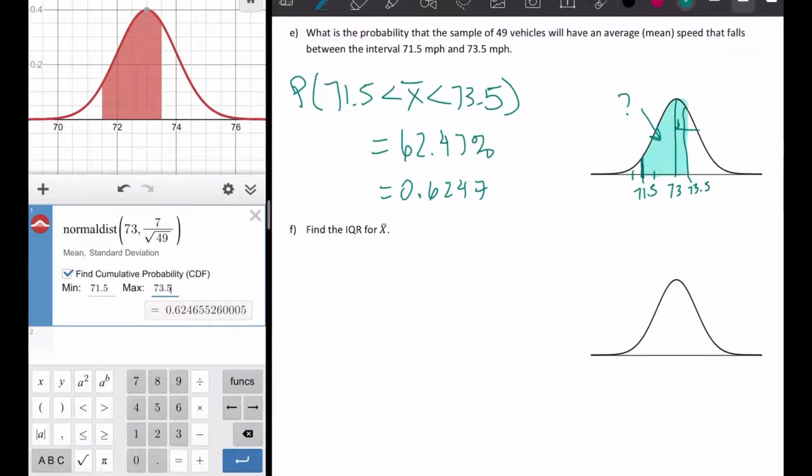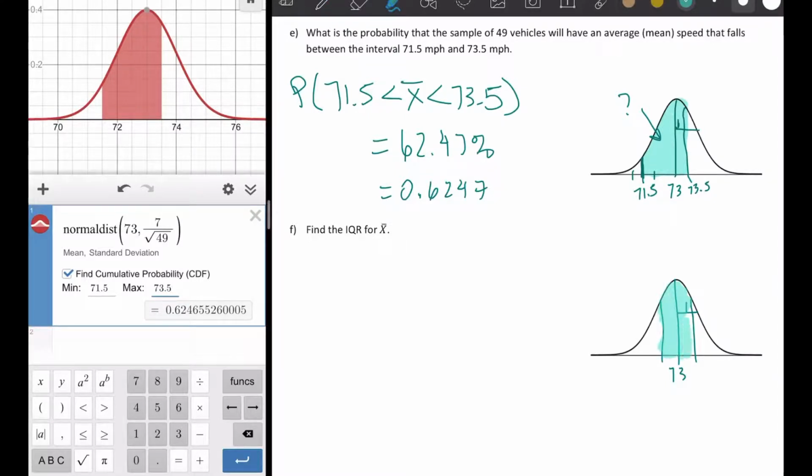All right, last question. Let's find the IQR of x bar. So this IQR, that's the middle 50%. So this is one of these middle percent questions. So I'm going to draw my picture again. 73 in the middle, standard deviation of 1. So somewhere about here to about here, and color it in.